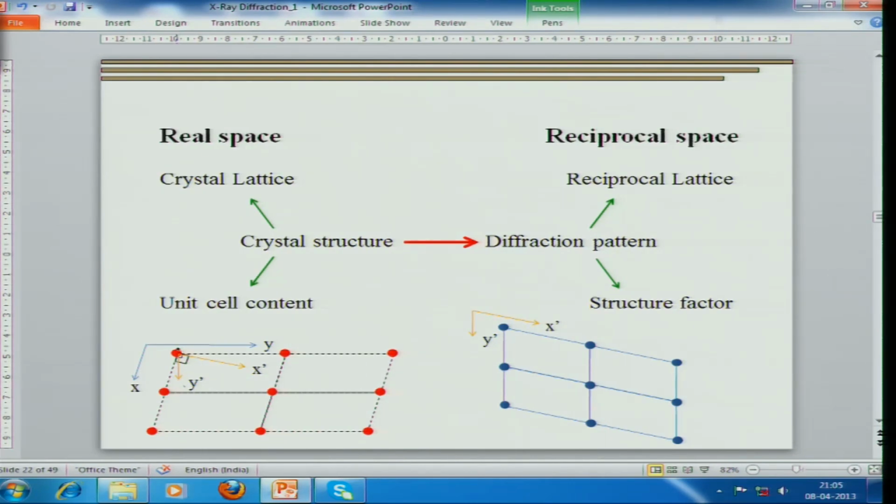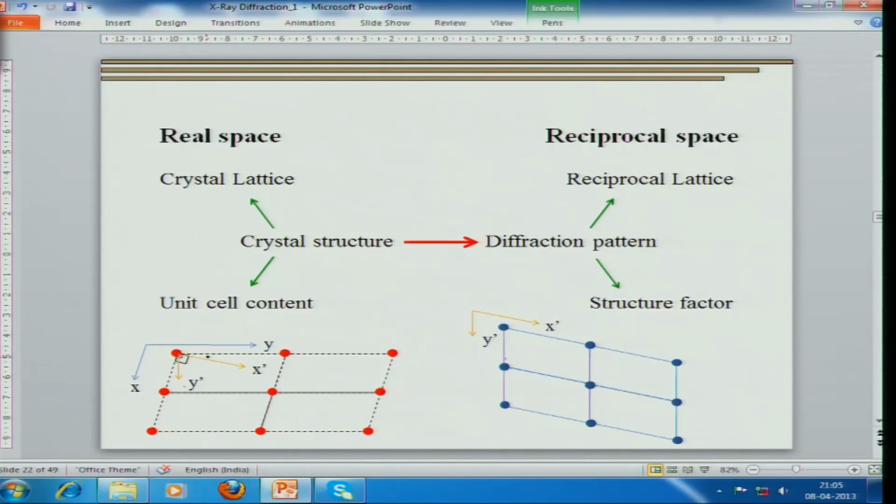You can see here that along y the distance between the two atoms is very large, while when I go to reciprocal space, I not only go 90 degrees to y, but also reduce the distance. That is where you see that my y prime here is smaller than x prime, while in real space my x is smaller than y.